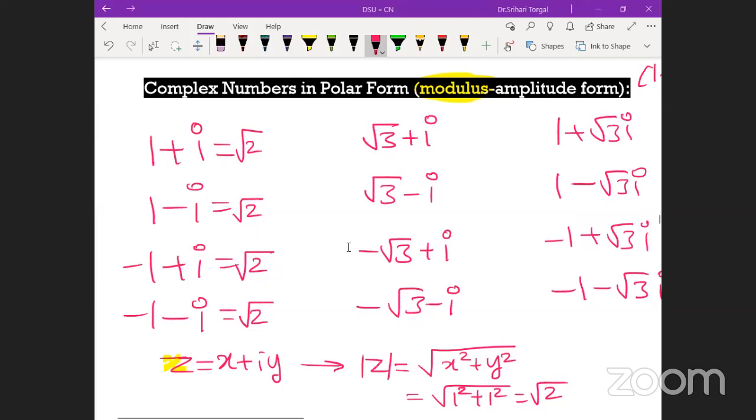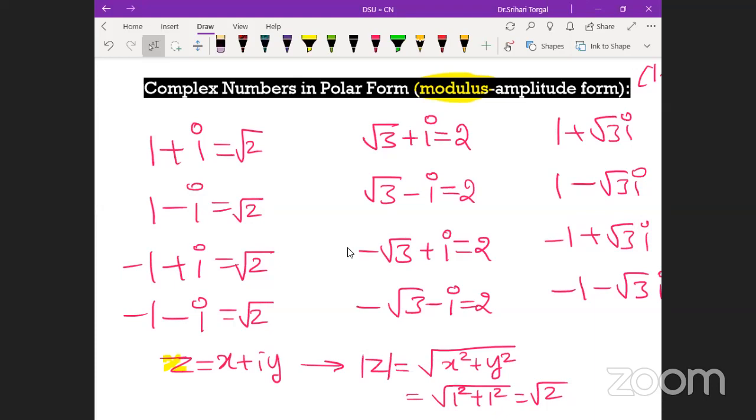Now, in the same way, find out the modulus of these 4. You can calculate the modulus of these things. What is that? Root 3, 1. What is the modulus? 2. You can calculate this using the formula for modulus of z. It is 2. Just write it down like this.